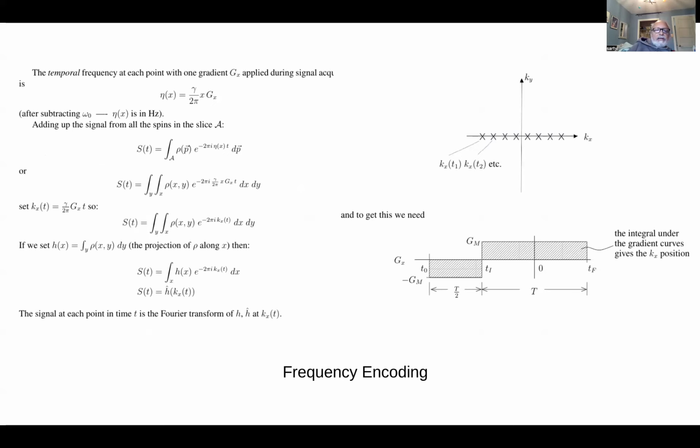So focusing now on frequency encoding, and this is where please jump in if this gets a little crazy, because there's a lot here. So in the rotating frame, the temporal frequency. So rotating frame corresponds to, in the radio language, superheterodyne detection.